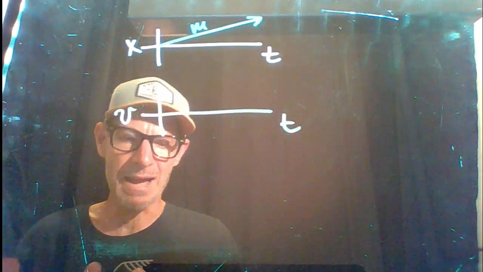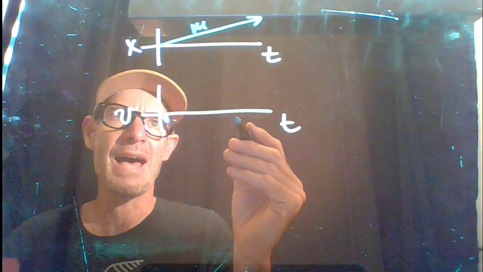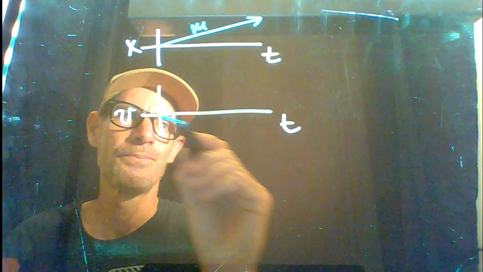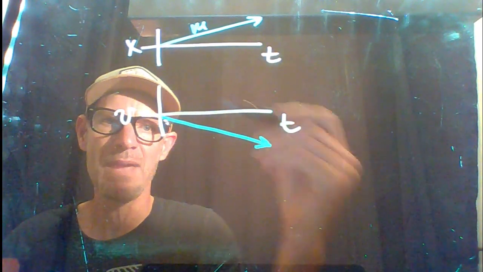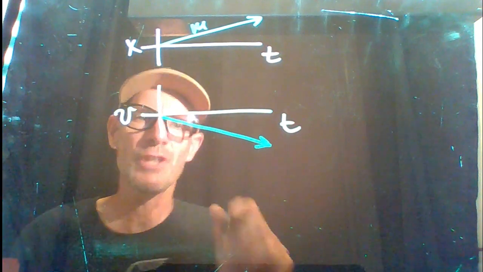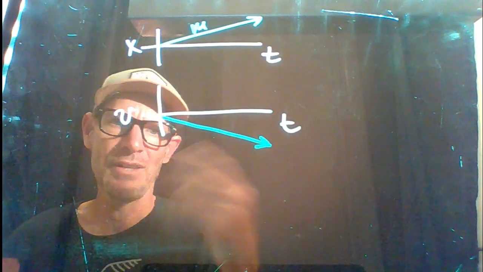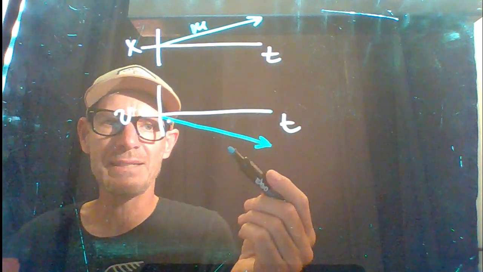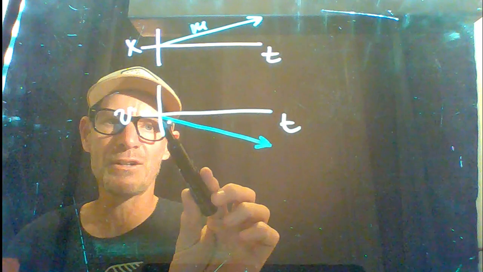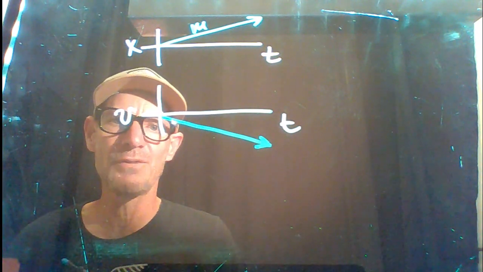Now, when you move to a velocity graph, obviously, if you have a line on the velocity graph that looks like this, and again, right now, don't get confused. These aren't related. I'm just making up an example right here. So if this is what your velocity graph looks like, there's things that you can tell about it. If you want to know about the velocity, you can find the final velocity, you can find the initial velocity, you can find the change in velocity.